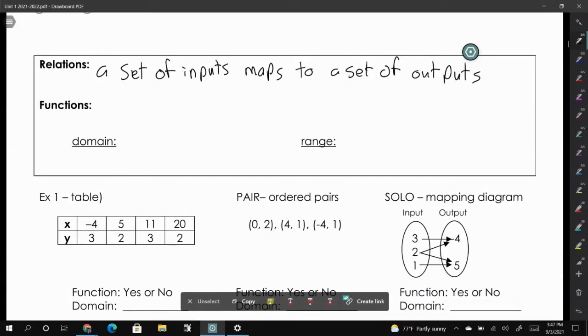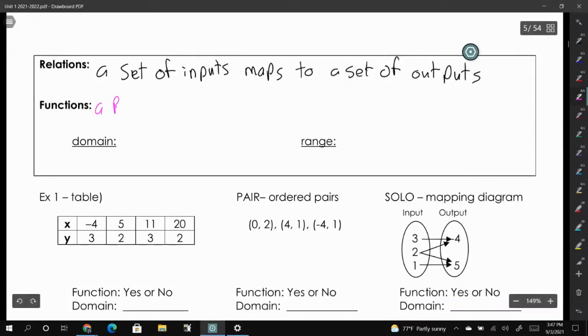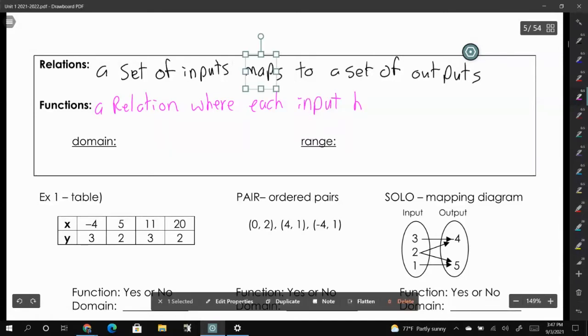Now, a function, that's a special type of relation. It's a relation where each input has exactly one output.